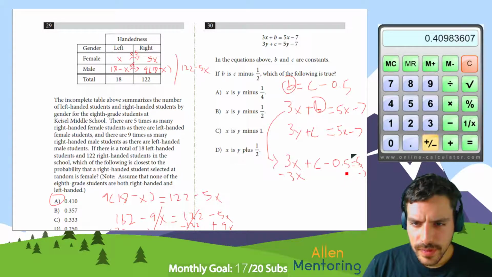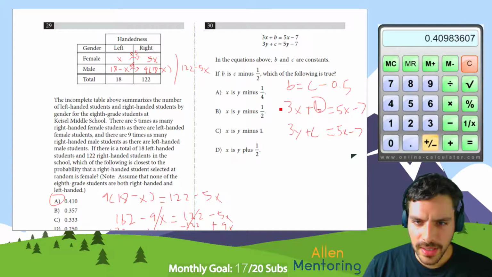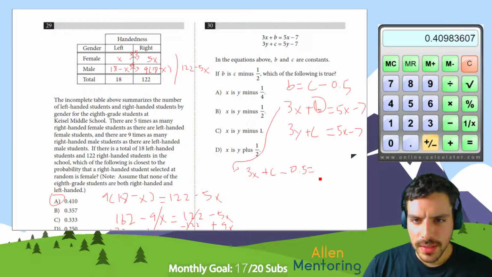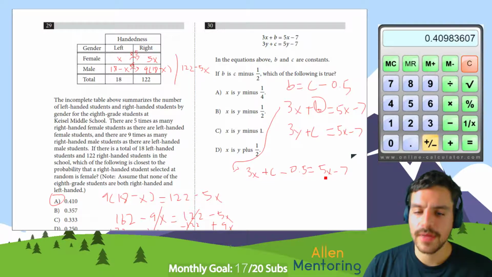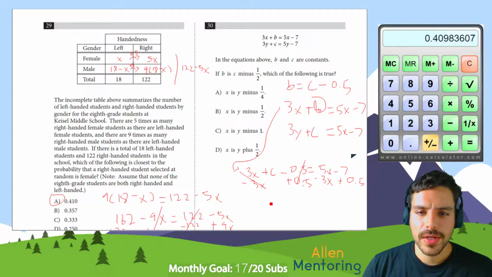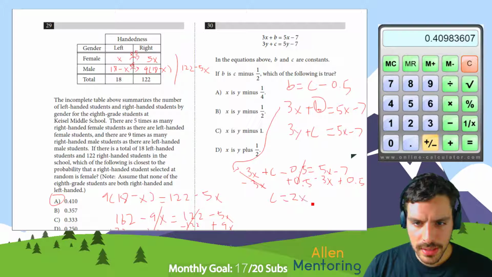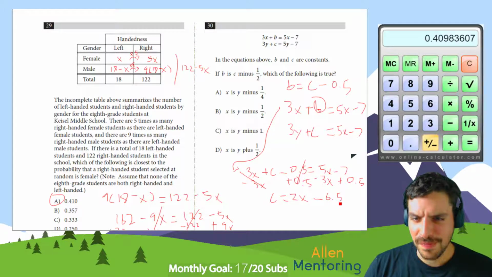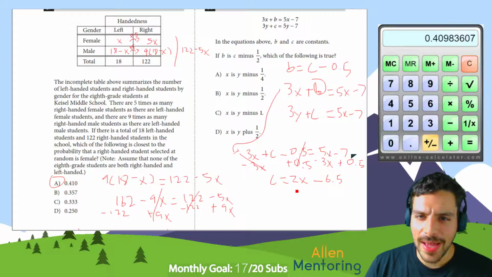Actually, let me write this entire thing here. 3x plus c minus 0.5 is equal to 5x minus 7. Subtract 3x. Add 0.5 right away. We're going to do them both simultaneously. Plus 0.5 minus 3x. Cross this out, cross that out. So c is equal to 2x minus 6.5. Okay, so we have that.